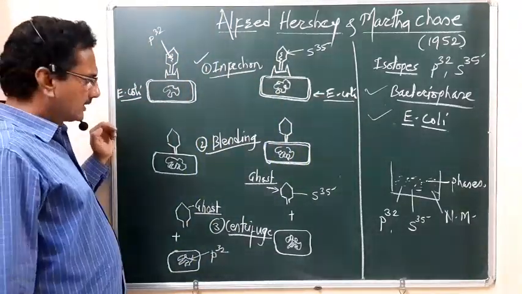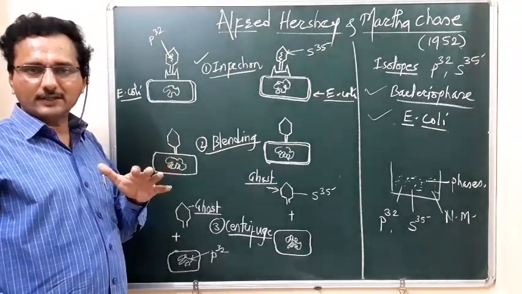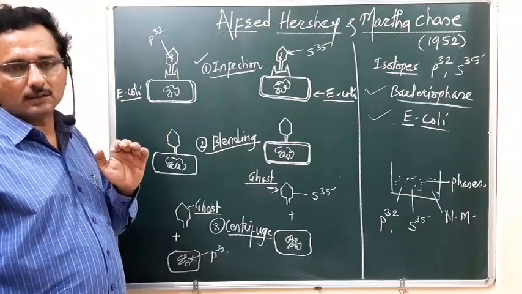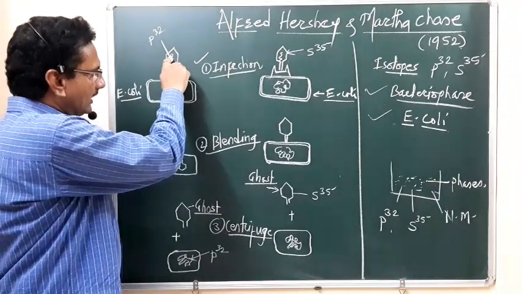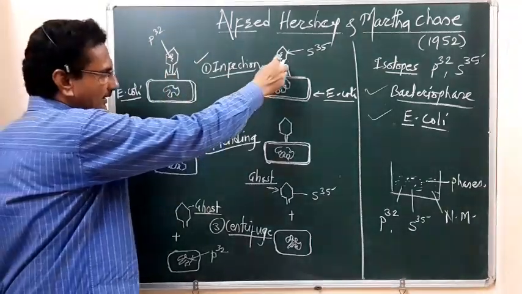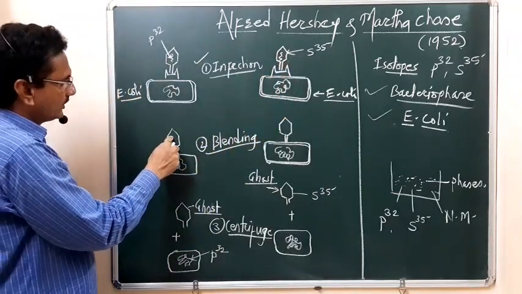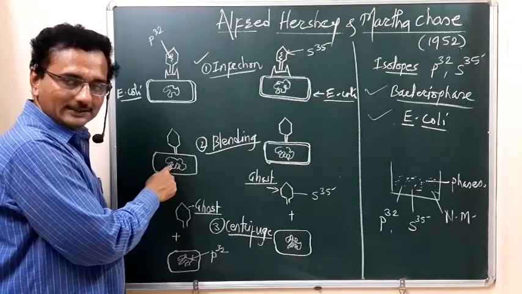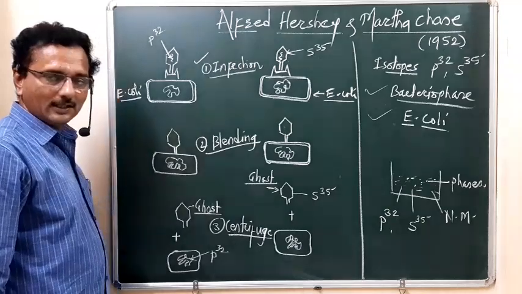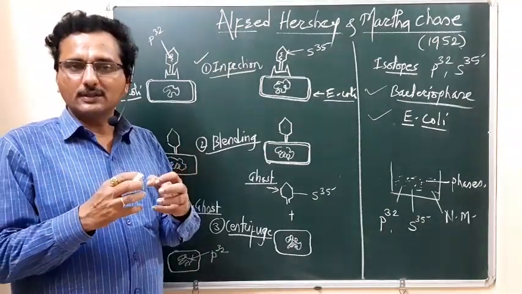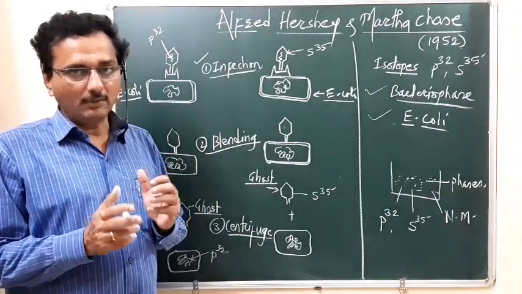Then the second step, the blending. So what is that blending? The bacteriophage infects the bacterium and inserts its genomic material inside it. The DNA of this bacteriophage enters inside the bacterial cell and gets incorporated into the bacterial cell DNA.